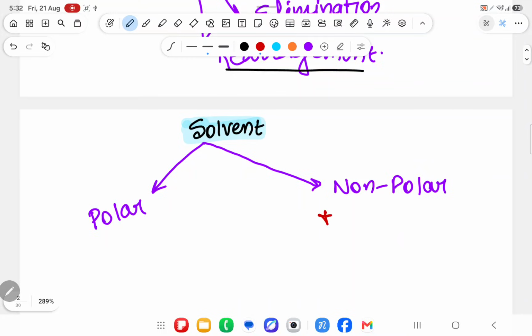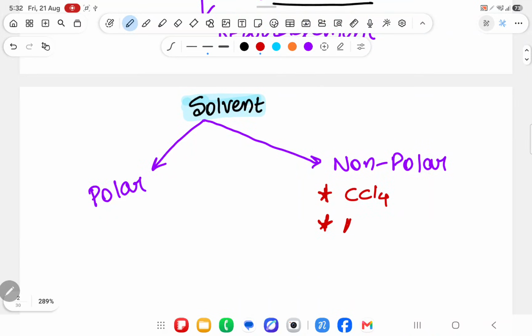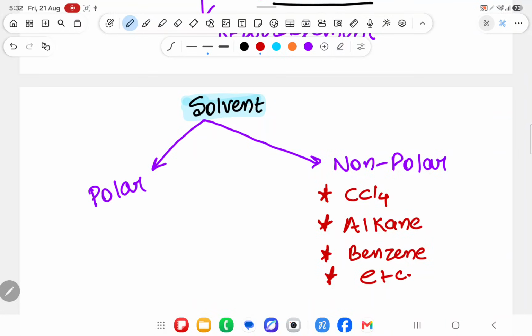Non-polar means they don't have polarity, like CCl4, like alkane, like benzene, etc.